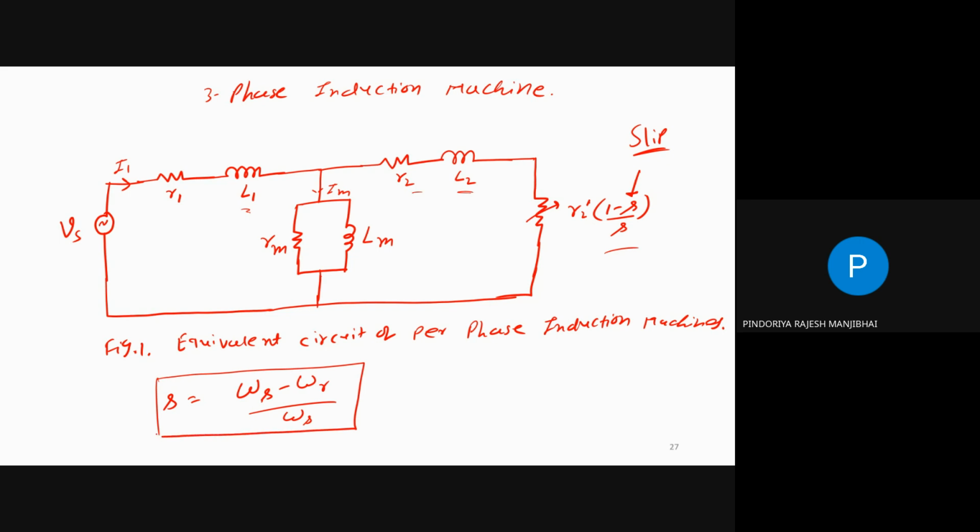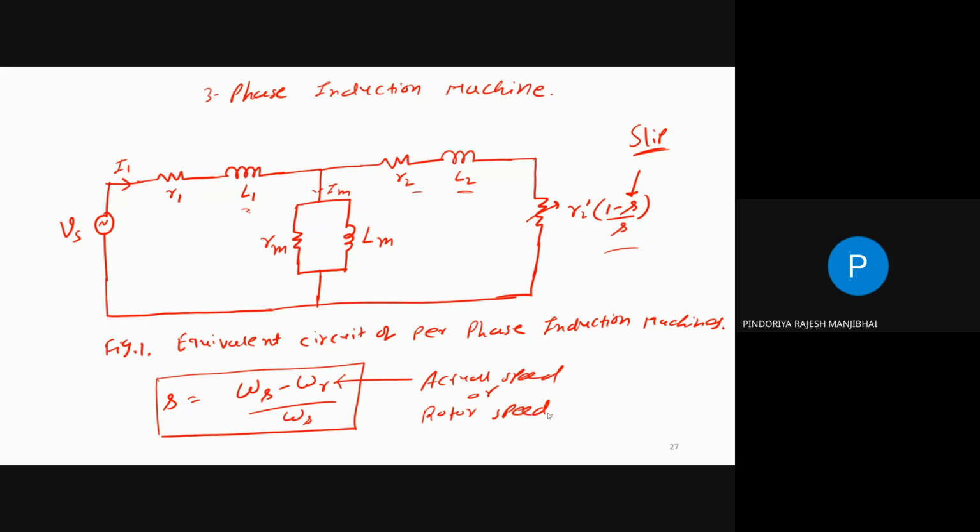So slip is equal to (omega s minus omega r) upon omega s, where omega r is the actual speed or rotor speed. Correct?